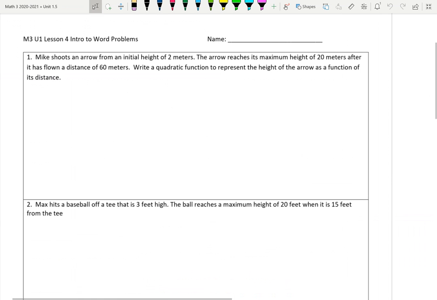All right, so you're going to be given a situation, and they're going to give you just enough information to get an answer. But always, let's go ahead and draw a picture. So when we're assuming that there is a graph, and it says that Mike shoots an arrow from an initial height of 2 meters, I just drew a small XY axis to illustrate.